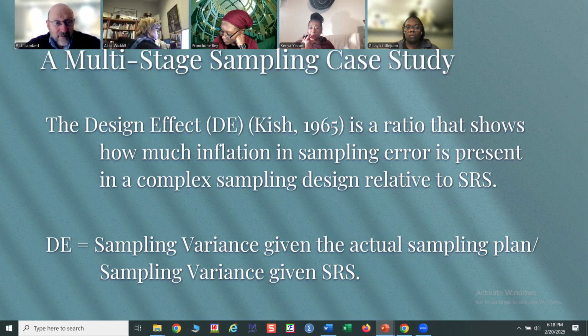The complicated plans might give you plus or minus 9% error or something like that. Well, the design effect is a ratio that shows how much your margin of error has been inflated beyond what you really wanted, given what you actually did.